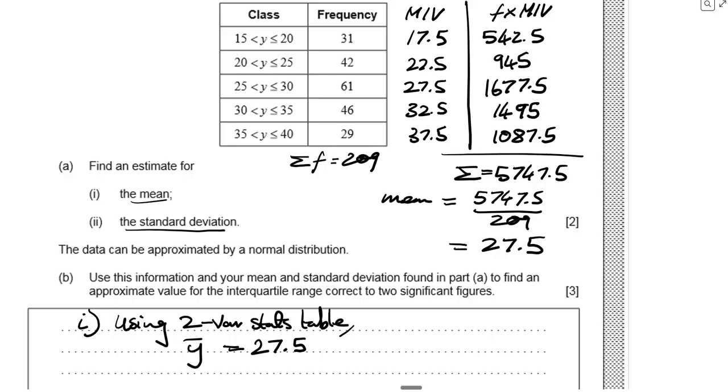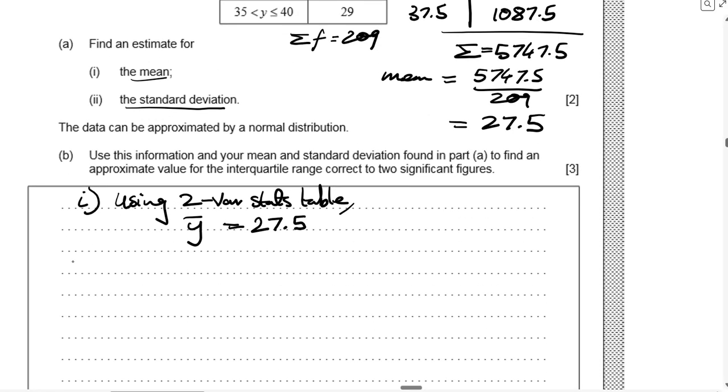Then we get the same output as this 2 variable stats table, which is what we want. But either way it works out, I'm using 2 variables. But in this case, x is our y, and y is our frequency when using our calculator. So just understand what you are doing.